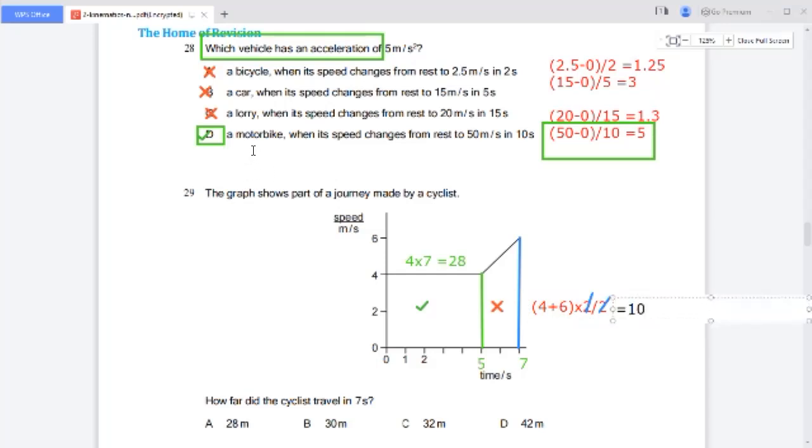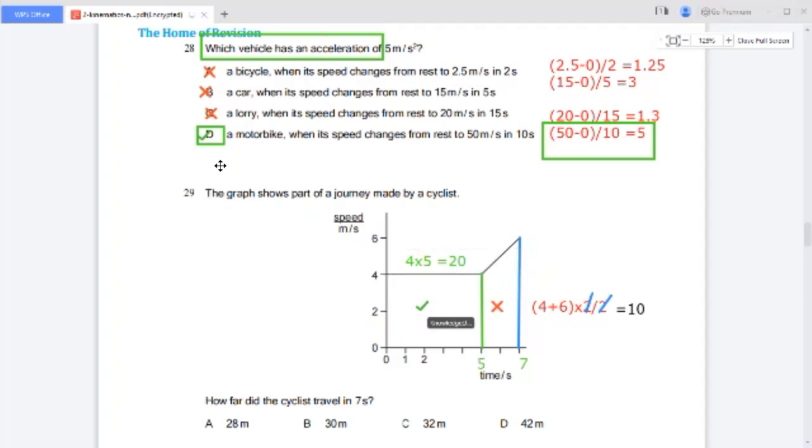So one area is 10, the other one is 28. So total area is, is there any mistake? Oh, area of rectangle. Oh, sorry. It's not 7, it's 5. So I made a mistake here. So it would be 20.